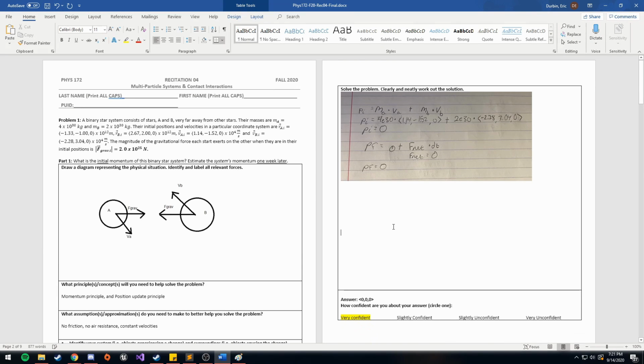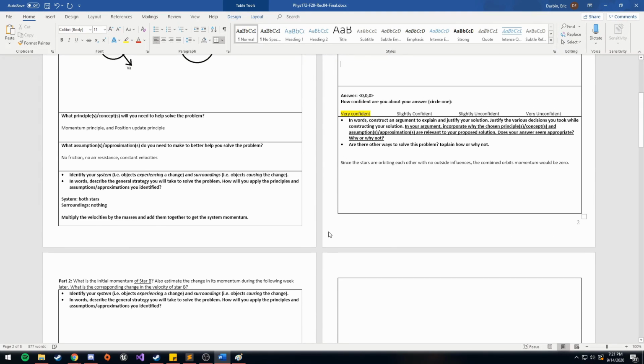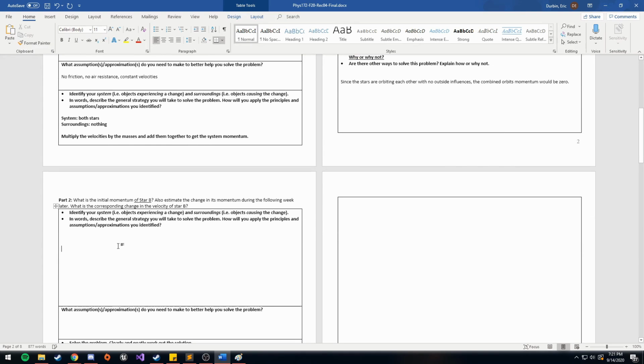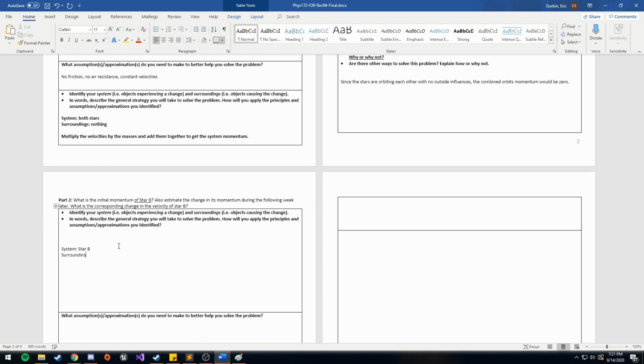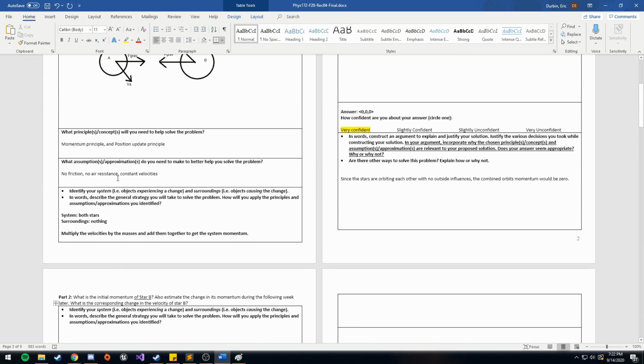Okay, so part 2, it's asking what is the initial momentum of star B? Okay, so we all calculated that, right? Wouldn't the momentum of star B be the force of star A on star B?